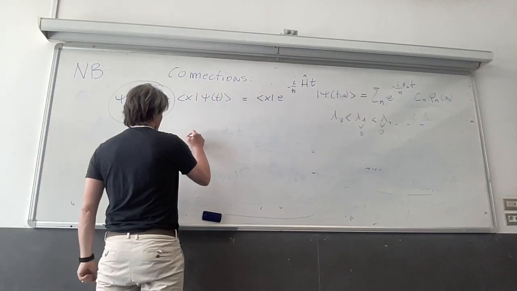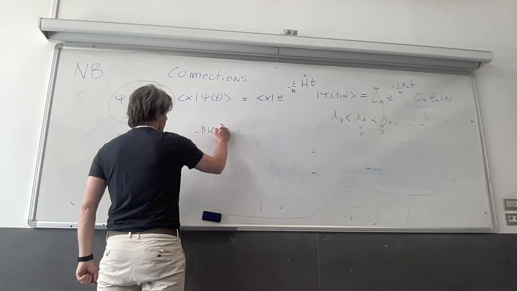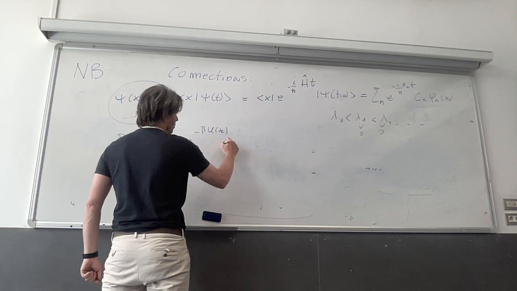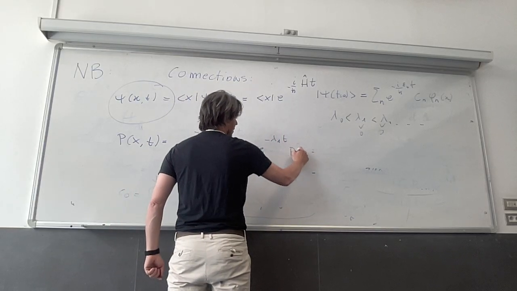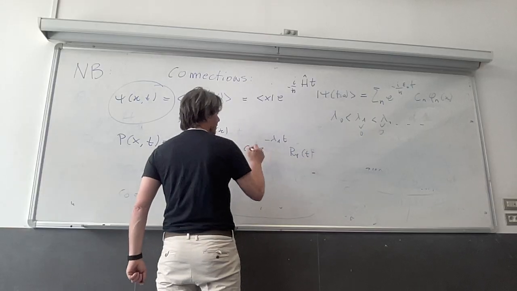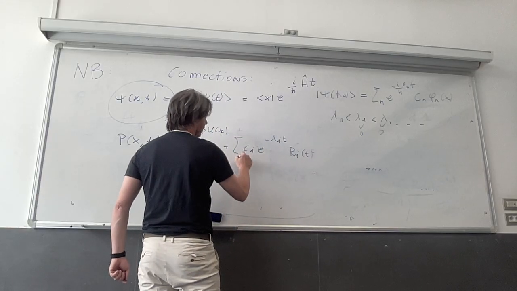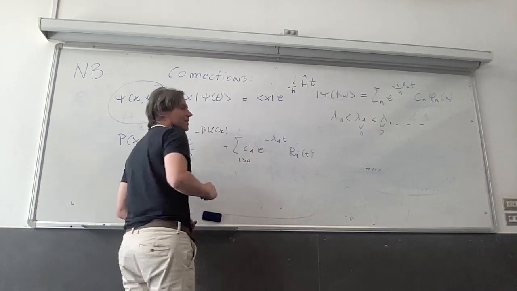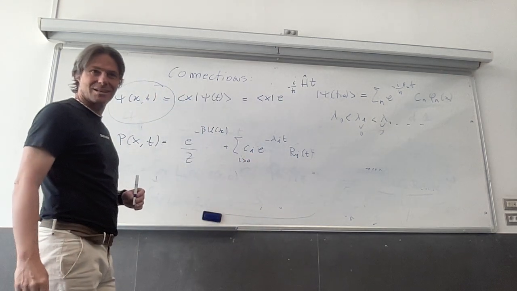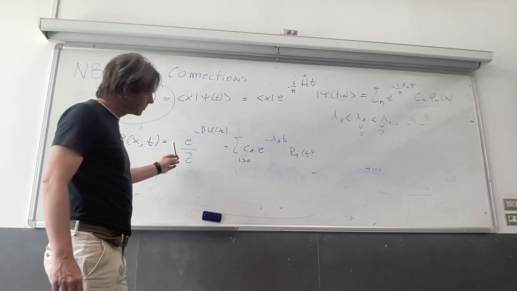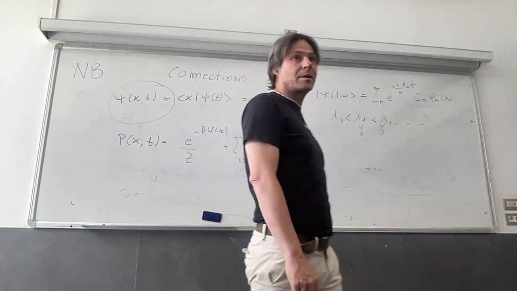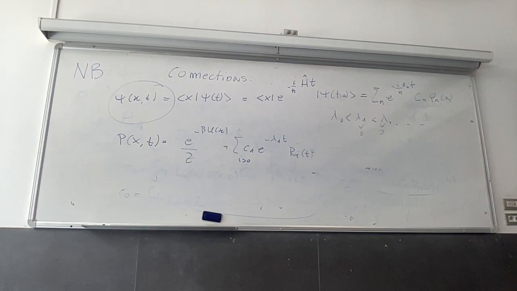We are saying that this is the Boltzmann distribution, or the Gibbs distribution, plus corrections: the sum over all the eigenvalues greater than naught, all the others, which may be positive or negative, because you know the node theorem that says that the nth wave function has exactly n nodes.